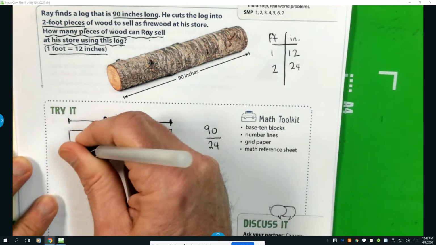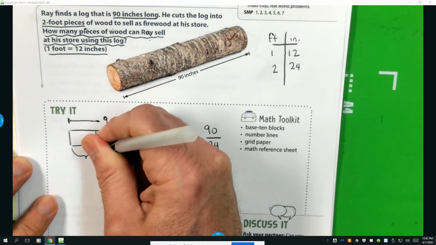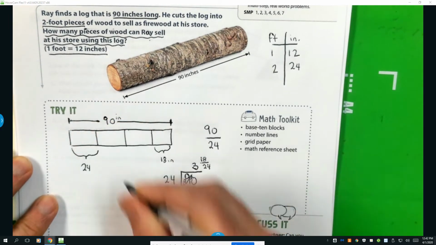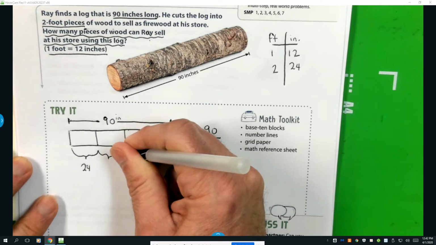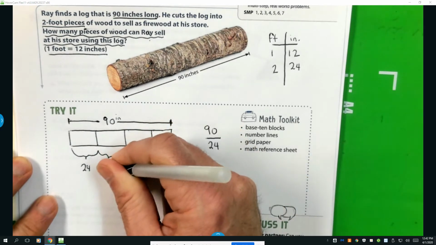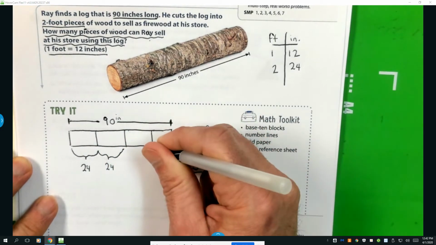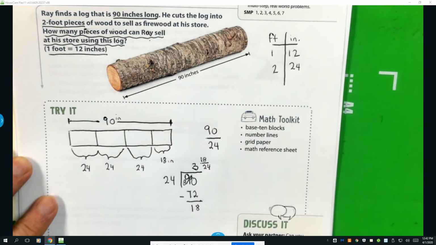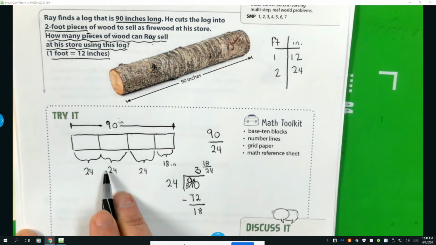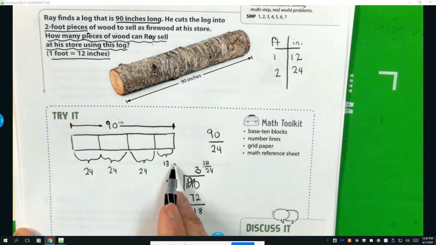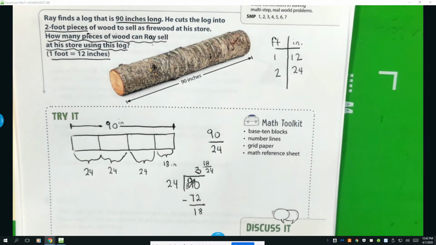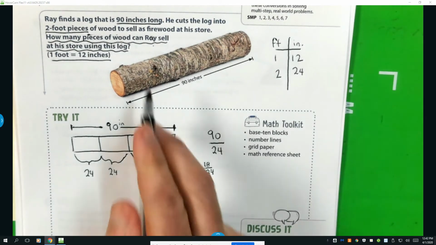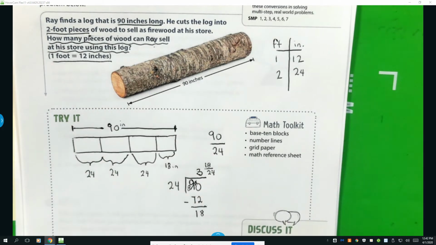But these right here, this is 24 inches, this is 24 inches, and this also is 24 inches. And if you added the 4 of these numbers together, it would equal our original quantity of 90. So how many pieces of wood can he sell?